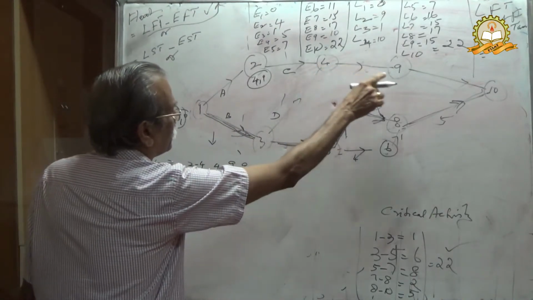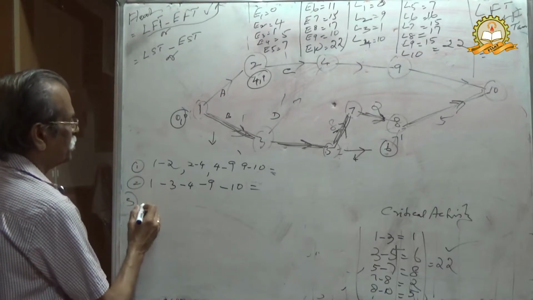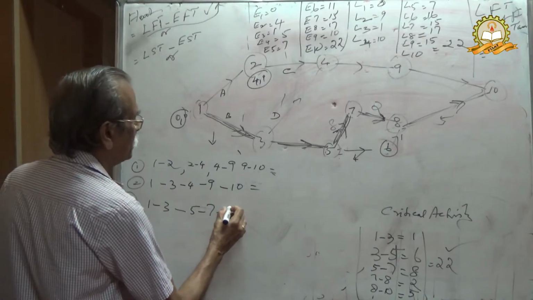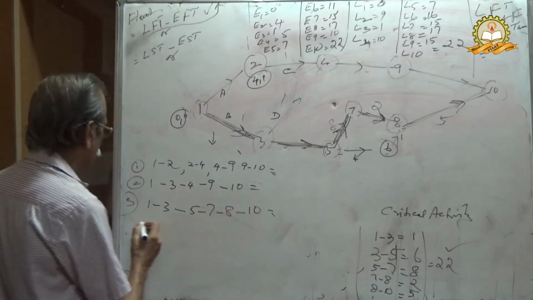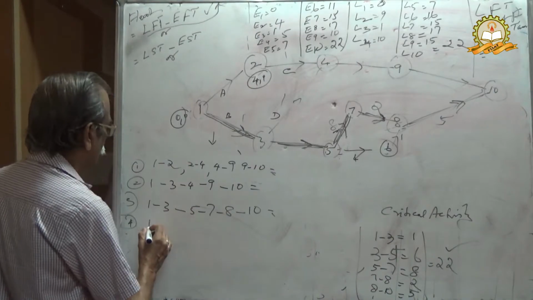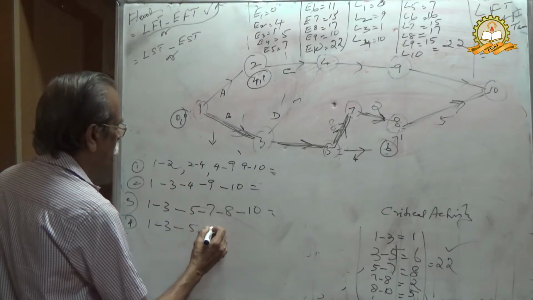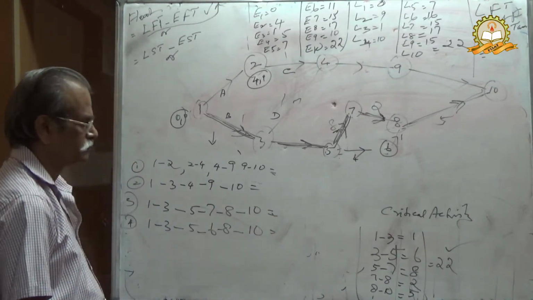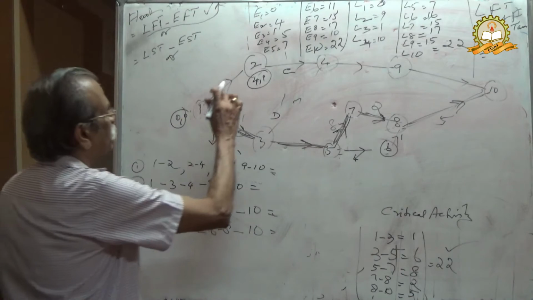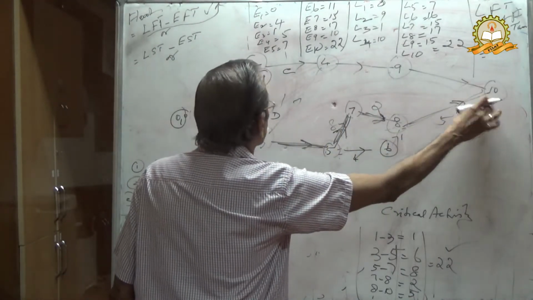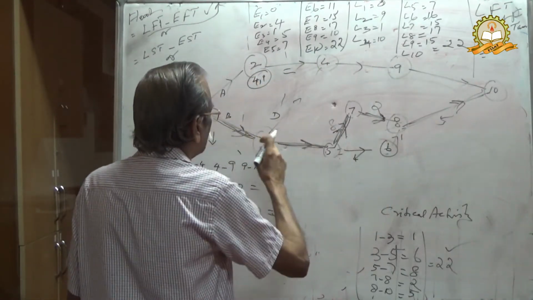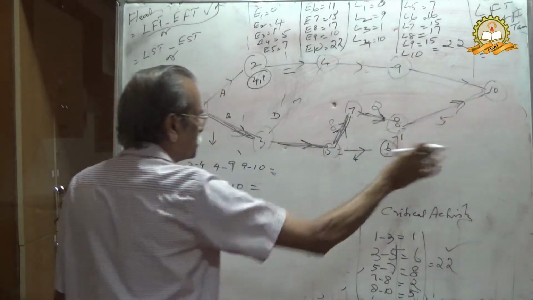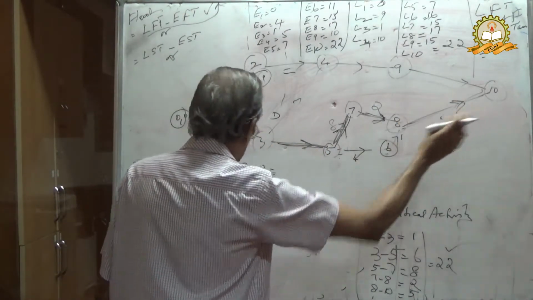The third option is 1, 3, 5, 7, 8, 10. The fourth option is 1, 3, 5, 6, 8, 10. You can reach or complete the project by any of these paths.